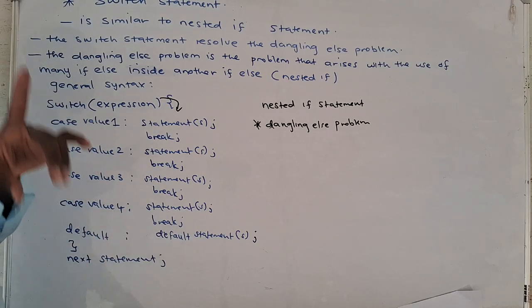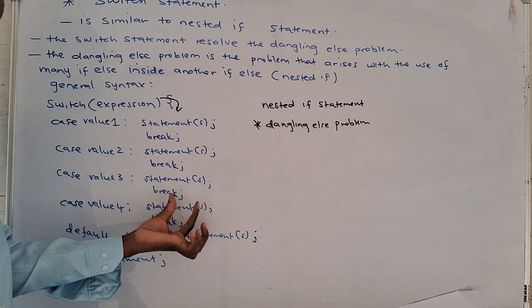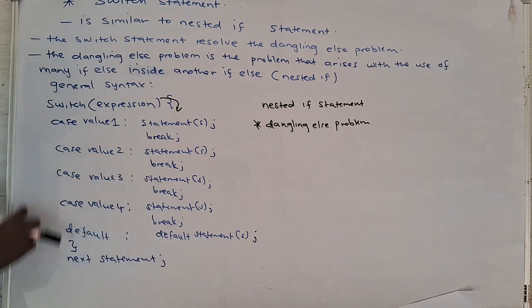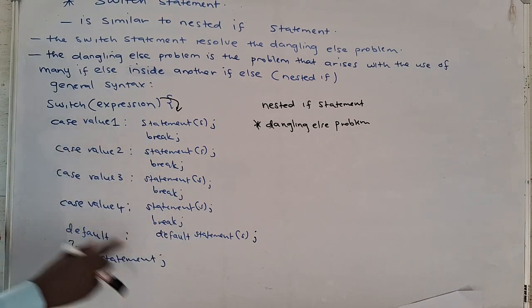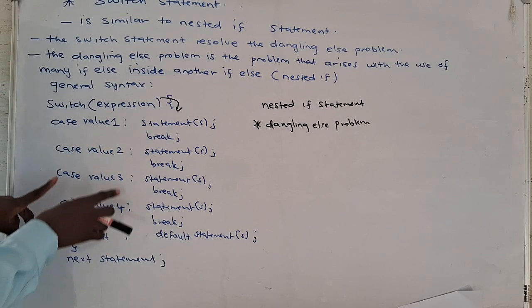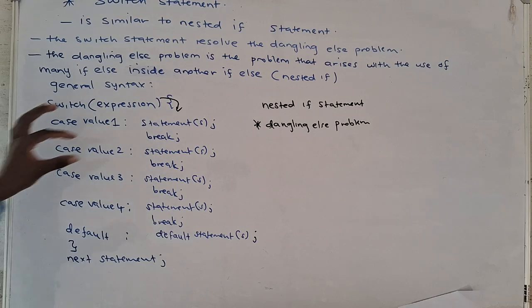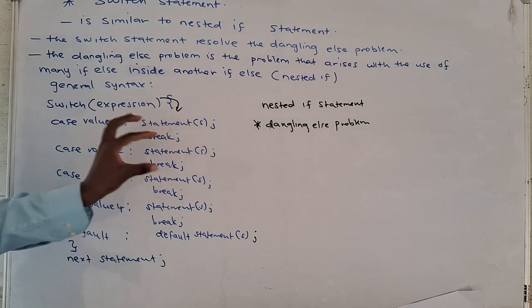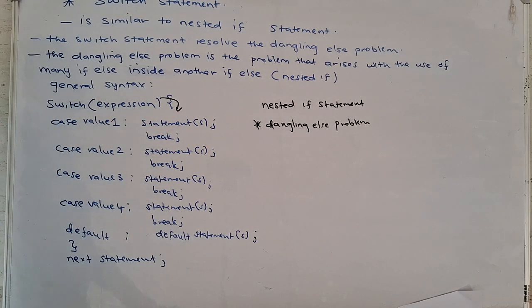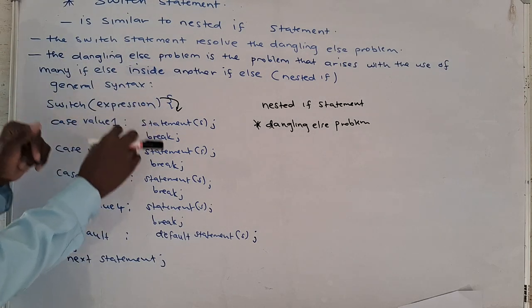The moment the control encounters the break statement, it is directed outside of the switch body, which means case value 3 and case value 4 are not going to be executed. Only the statements in case value 2 are executed. Is this clear?